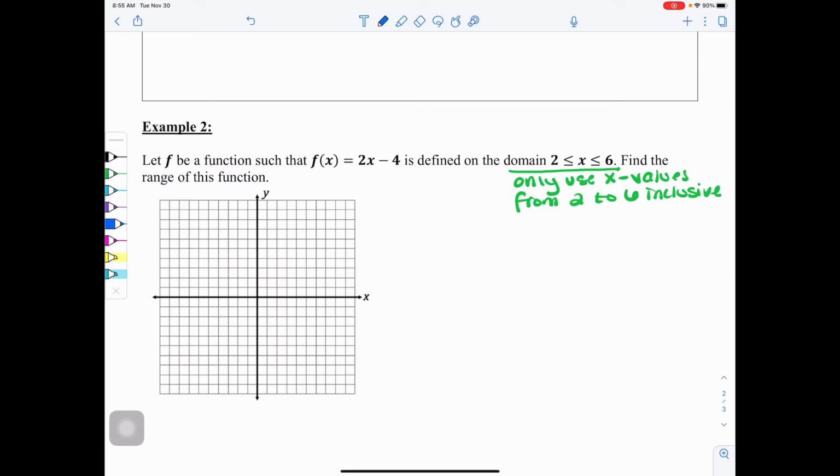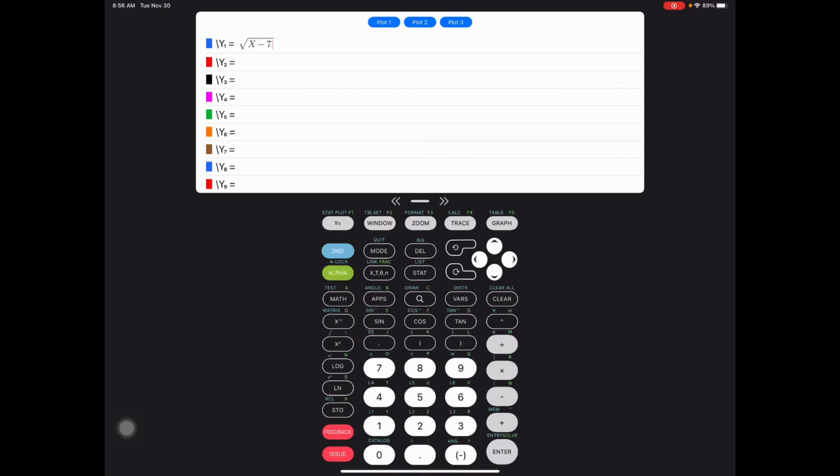So the best way to do this is to use your graphing calculator. So we're going to go back to the graphing calculator and we are going to type in our new function. So we'll head to our y equals screen and we're going to clear out the equation that we had in there previously. And now we're going to type in 2x minus 4. That's our new function. We do want to see what the graph would look like.